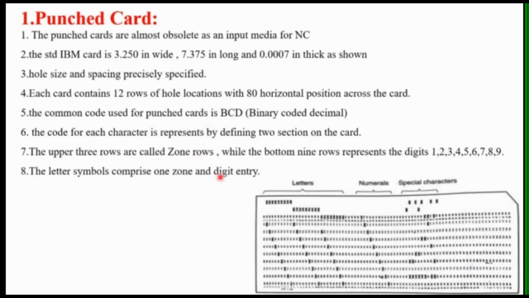The first three rows are called zone rows, while the bottom 9 rows represent the digits 1 2 3 4 up to 9. Then the letter symbols comprise one zone punch and one digit entry. The numerals as well as the letters and the special characters are used to provide this data.